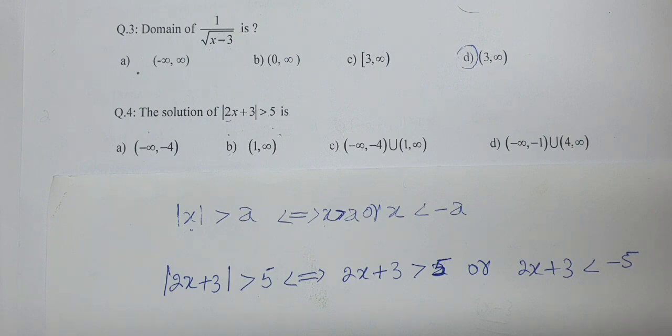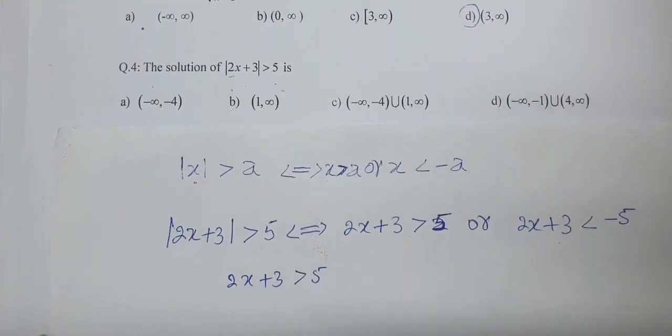So now we have to solve both of these inequalities. We have isolated them separately, and now we solve each of them individually. First we take 2x plus 3 strictly greater than 5. We can solve this inequality as we have already solved many inequalities.